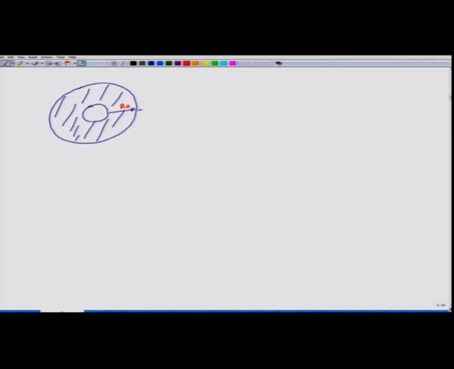This is outside radius, and this is inside radius Ri, and at some other location the general radius is R, which varies. So, this is an axisymmetric problem, and what I am also saying is that on the outside radius, T at R0 is equal to T naught.